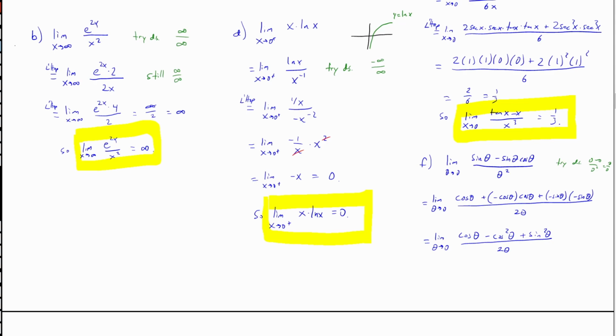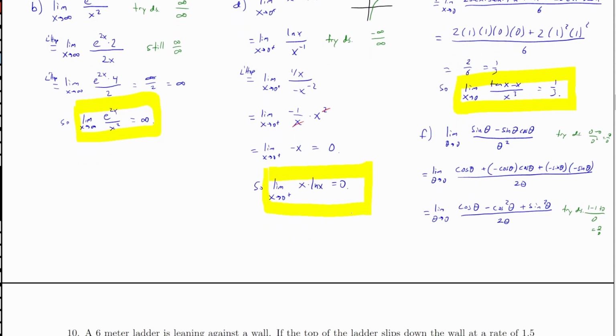Okay, so if I try direct substitution, when I plug 0 into cosine, it's going to give me 1. So we have 1 minus 1 plus 0 over 0. That's 0 over 0. Okay, so we do L'Hopital's rule again. In the denominator, I'm going to get just a 2, so I know there's no more L'Hopital's rule after this.